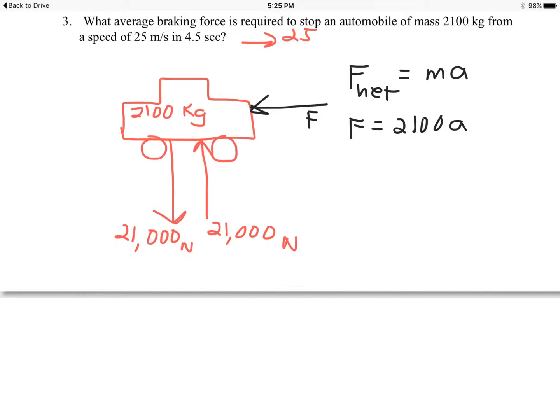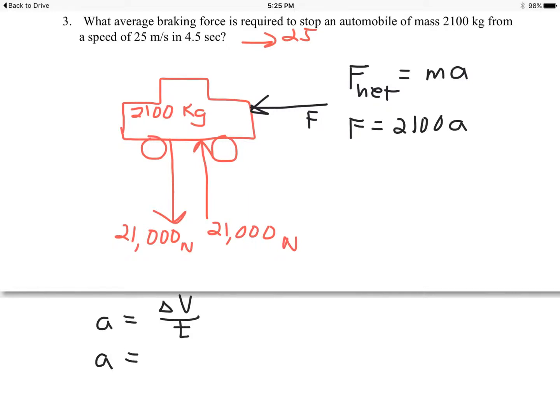Well, we have to go back a couple weeks to the basic definition of acceleration, or you can go through the whole uniform acceleration equations. But if you go back to the definition of acceleration, acceleration is delta V over t, which is basically the first uniform acceleration equation.